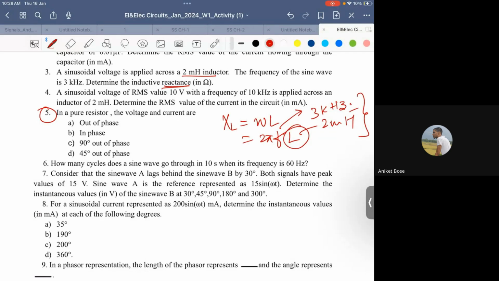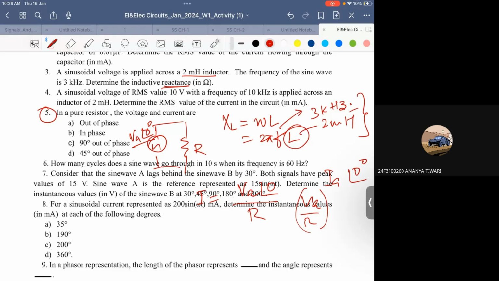Correct? Are you there with me? Let's say you have a simple circuit and you just have a resistance, correct? So let's say the voltage is VA at 0 degrees, or any angle you can give it. Then the current will be VA at 0 degrees upon R. So this will be VA by R, that'll be a current IA at 0 degrees, correct?